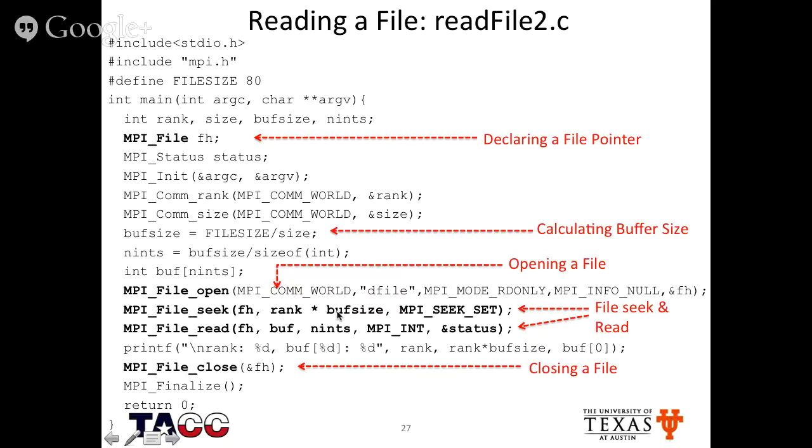So let's do some quick mental maths. Let's take a very simple case. I have 2 processes and I have 100 as my file size. So where should my process 0 start from according to this formula? Rank multiplied by buffer size. Perfect. And my process 1? 50. Perfect. Exactly.